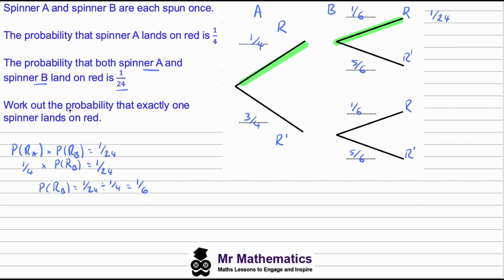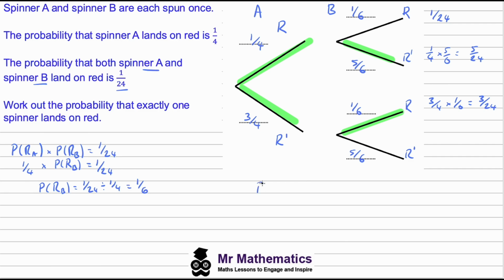So then the probability that exactly one spinner lands on a red, if I erase these, well, that'll be a red and a not red, or a not red and a red. So this will be 1/4 times 5/6, so 5 over 24, or 3/4 multiplied by 1/6, which is 3 over 24.